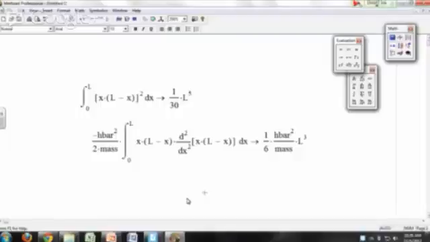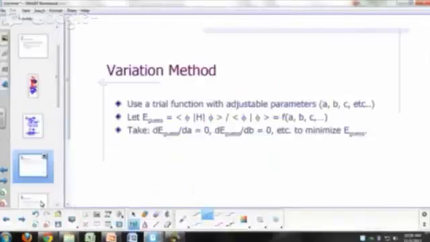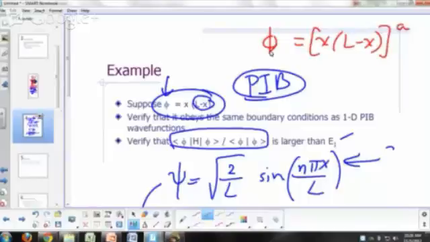So how can you introduce something that's adjustable there? You can raise the function x times (L minus x) to some power. For example, instead of writing it as x times (L minus x), you can say x times (L minus x) raised to the power a. And then you just tweak that value for a, until you get as low an energy as you can.